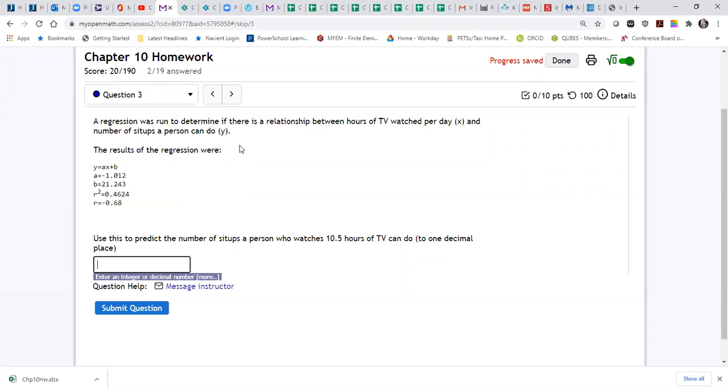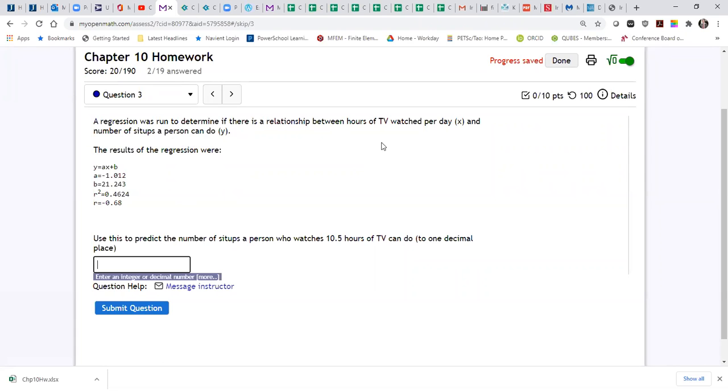Okay. So you can see here the number of sit-ups is the Y, right? And the hours of TV that the person watches is the X, right? So you're looking for the Y, the number of sit-ups.